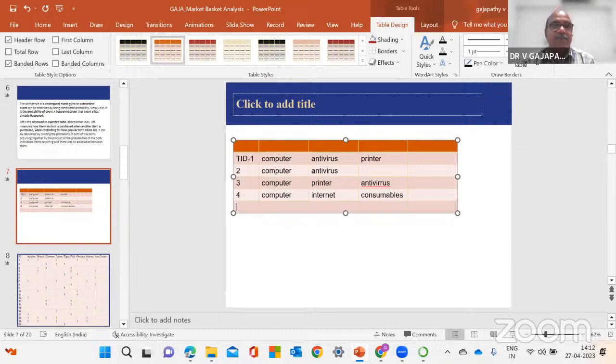Okay, any other things? Say for example, printer sales is low. What can you do? Printer sales is very low. Then what strategy will you use?